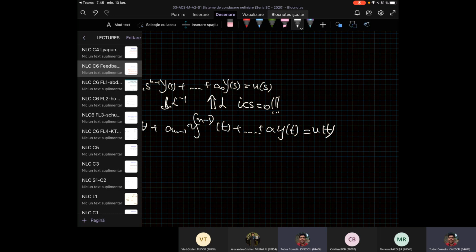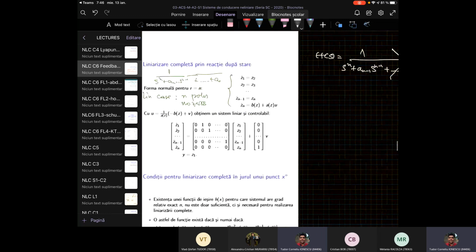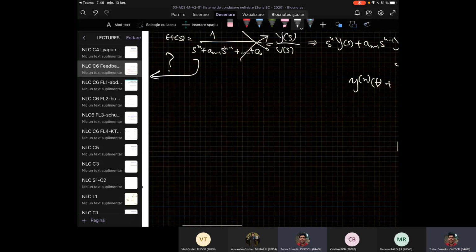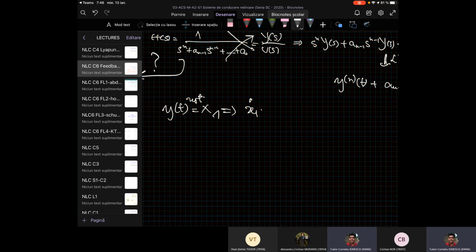Right. So how do you build this into a system of this form? You do this using what you used to do in the second year. Y(t) notation x1. That means that x1 dot, y dot of t, is x2.